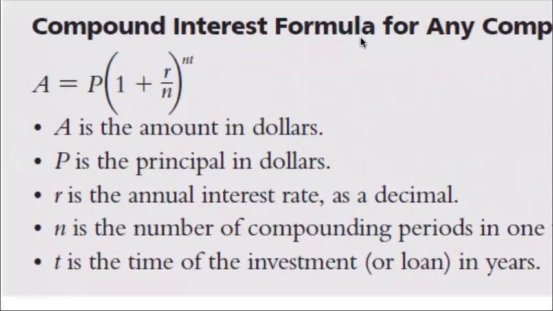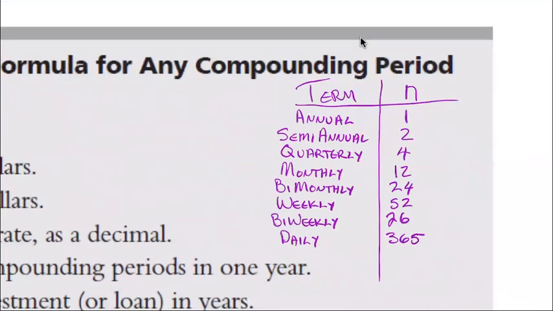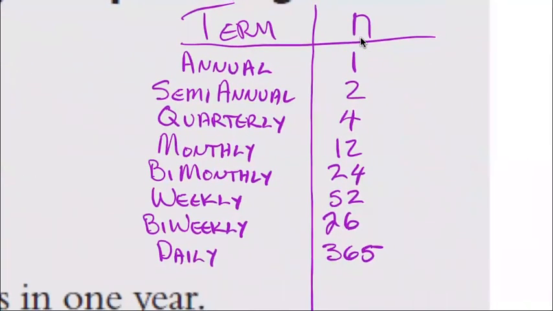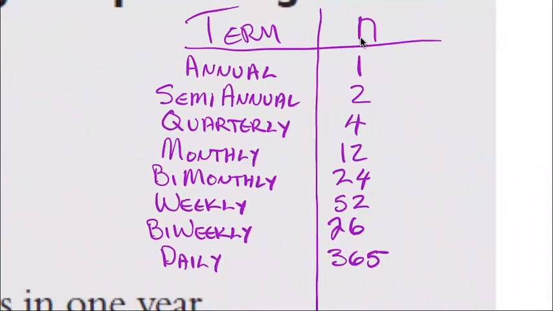And now the compounding periods can vary. In a compounded annual, it's 1 compounding period. You get interest once at the end of the year. Semi-annual would be every 6 months or twice a year. Quarterly, like it says, is 4 times a year. Monthly would be 12 times a year. There's 12 months in a year.